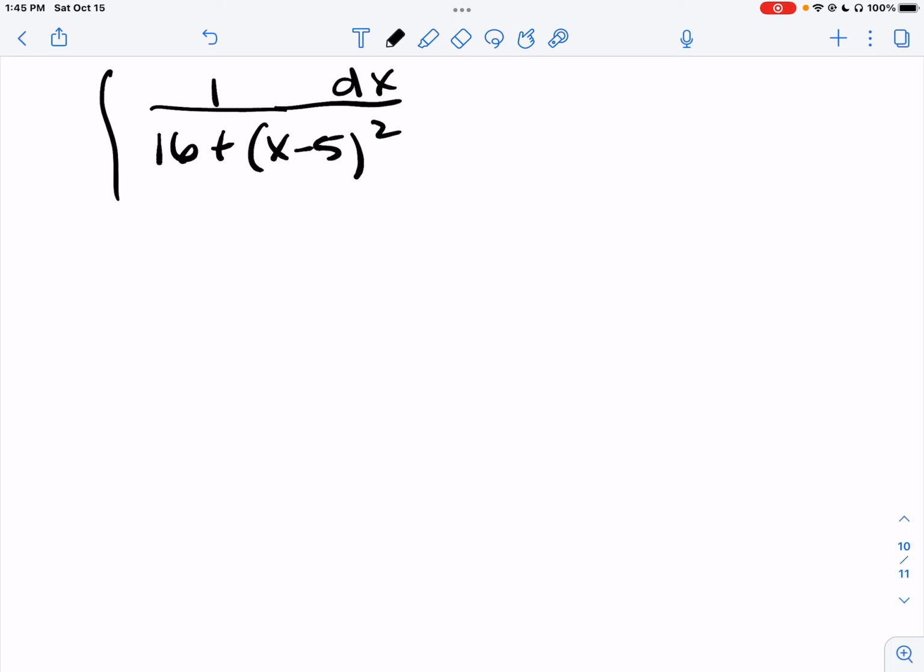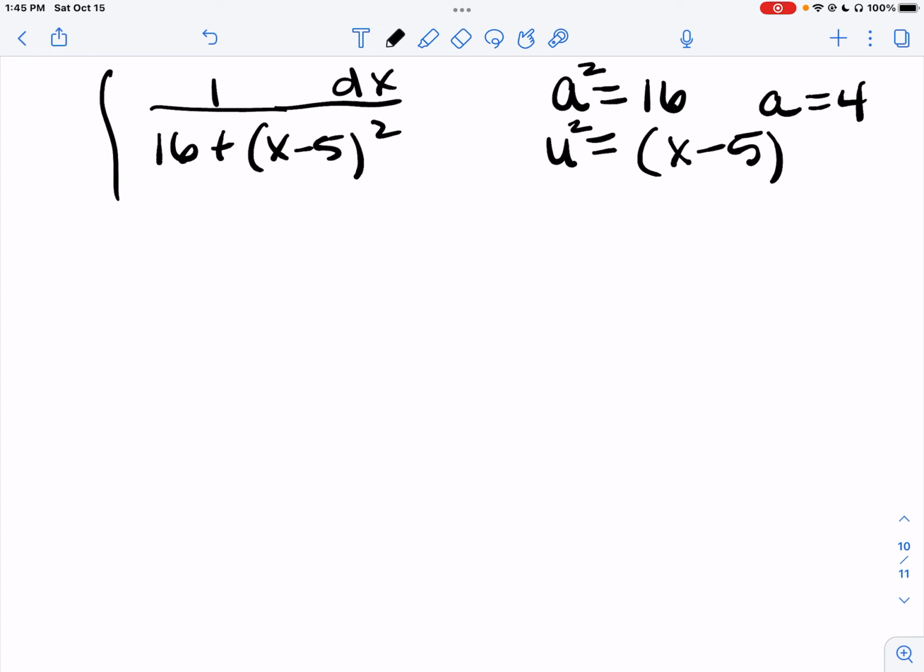Okay, a is always the number. U is the function of x. And du is 1 dx.